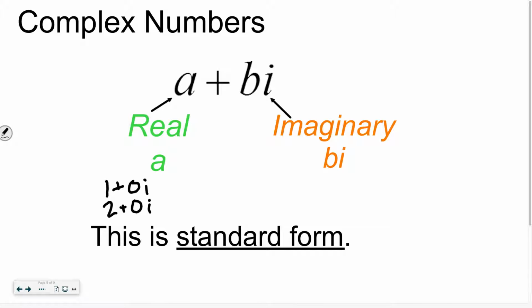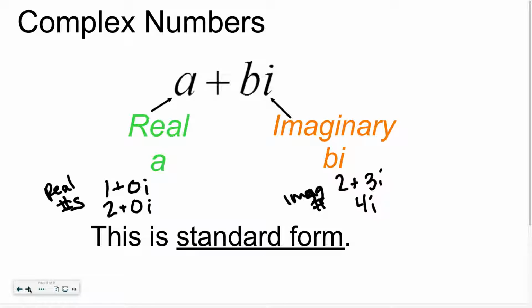Those are considered real numbers. Imaginary numbers come in the form, sometimes it might be 2 plus 3i, or maybe it's just 4i, but if it has some imaginary part, then it's going to be an imaginary number. So these are imaginary numbers, and these are real numbers. I am totally okay if you write real numbers as 1, 2, 3. You don't have to write them in standard form from now on.